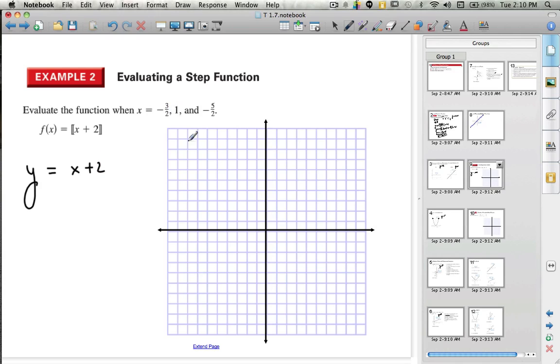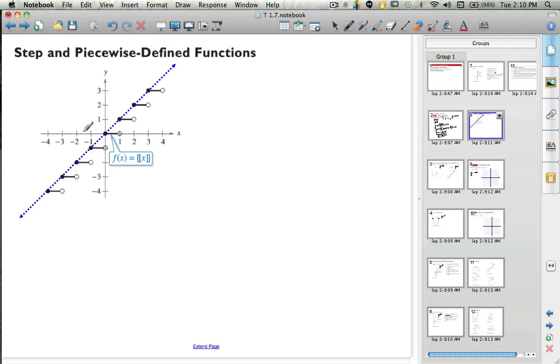Right? So with this guy, and we can go back actually to take a look at the other function. Negative 1 1/2, that's over here. You'll notice that goes to the nearest whole number, which would be -2. Okay, so you don't use fractions in this type of a function. So that's what these little brackets are saying. They're using just integers.